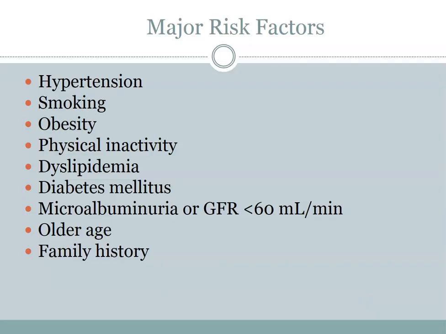Again, major risk factors for hypertension include smoking, obesity, physical inactivity, if they have lipidemia, diabetes mellitus, if they're having microalbuminuria. As they age, as we age, we are at a higher risk, of course, as we get older.